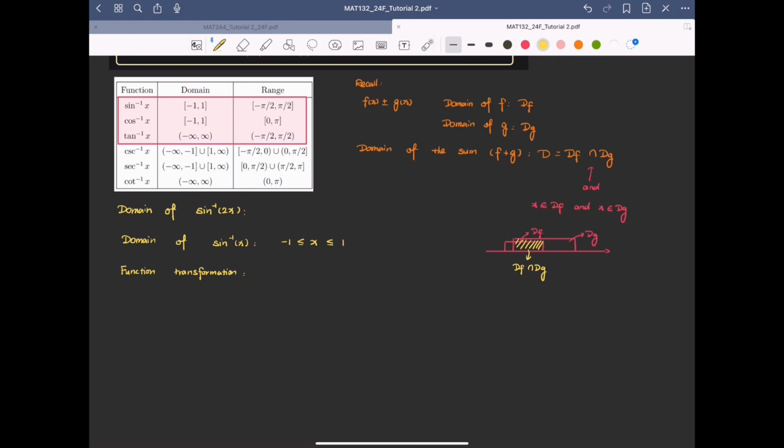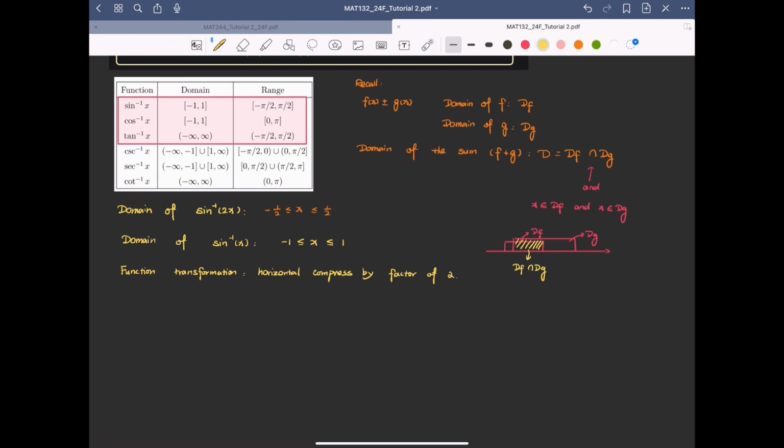This 2 means that we horizontally compress by a factor of 2. My new domain will be, because you compress by a factor of 2, negative 1 over 2 because you divide by 2, less than or equal to x, less than or equal to 1 over 2. That's the domain of sine inverse 2x.